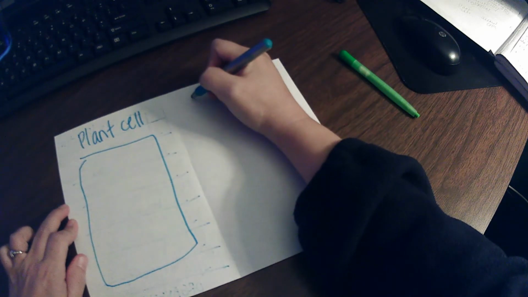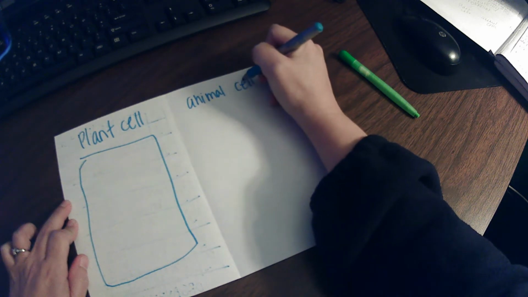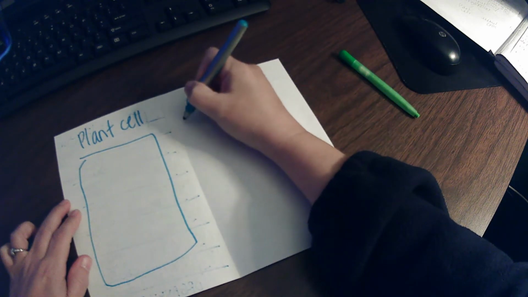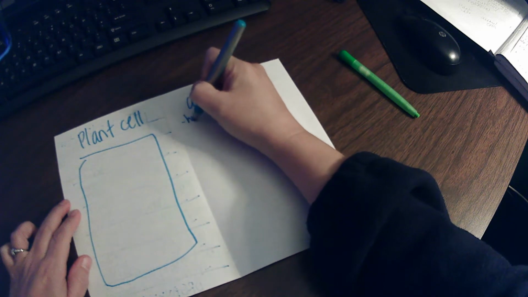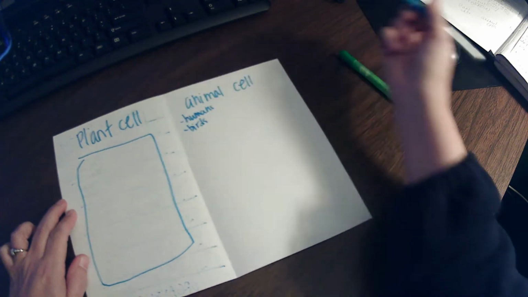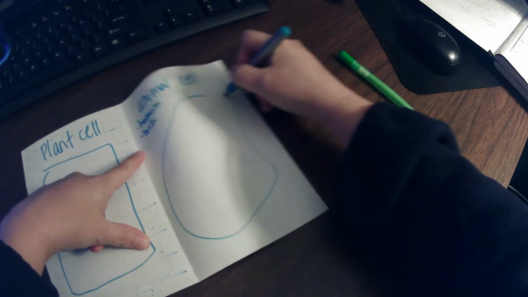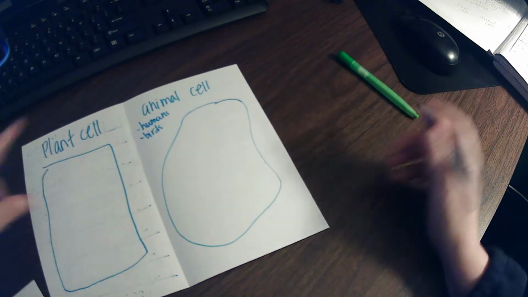And then over here, we'll do an animal cell. This would be like humans, birds, etc. So this would be more circular.